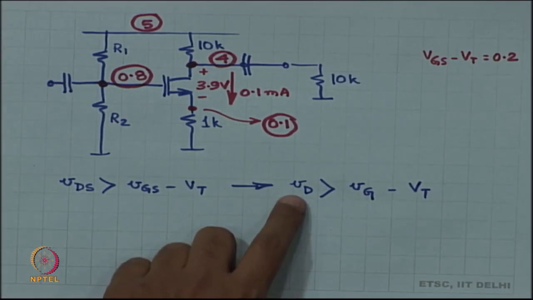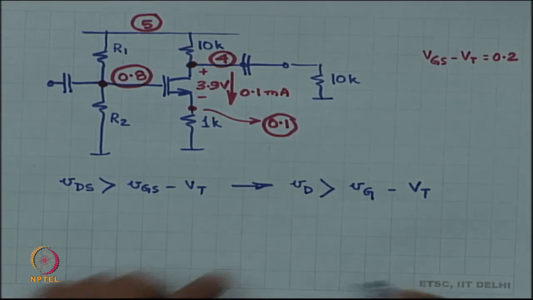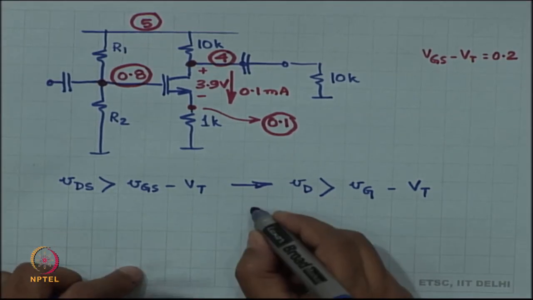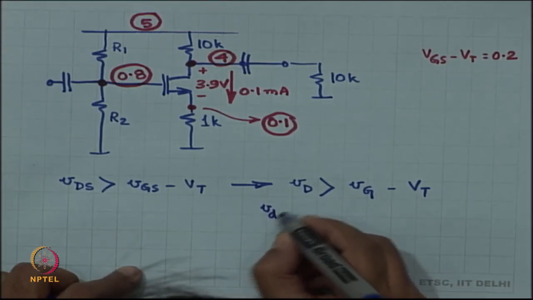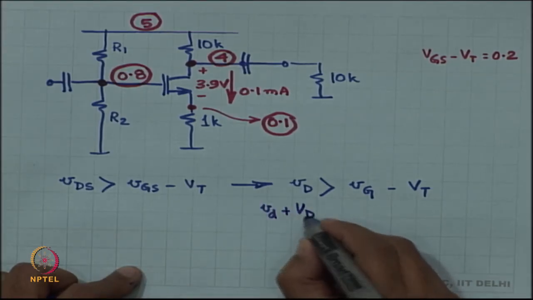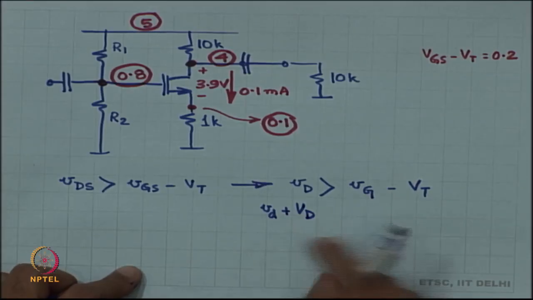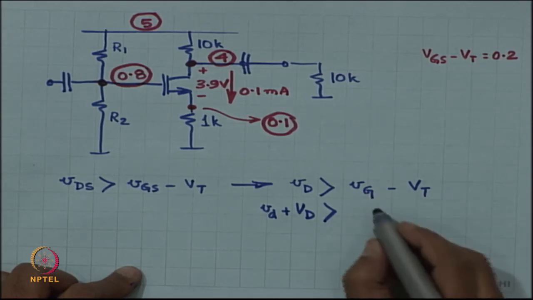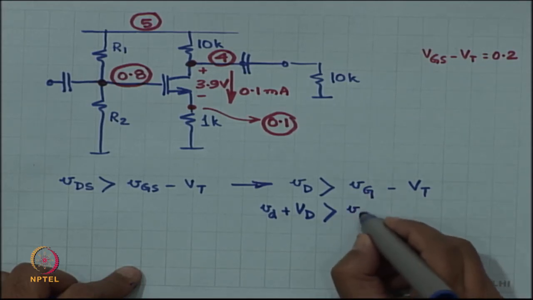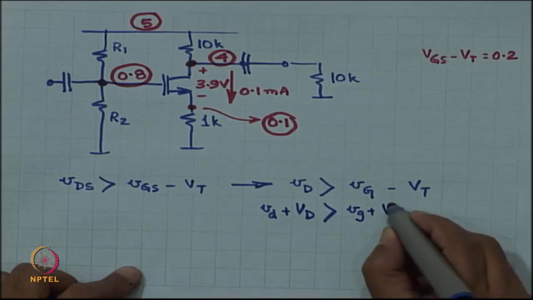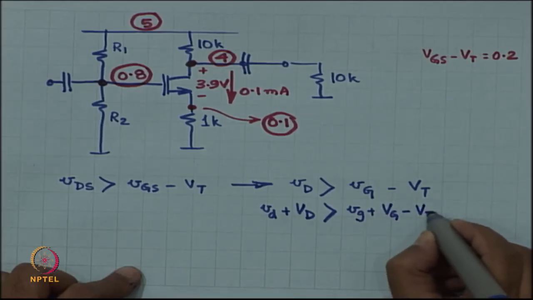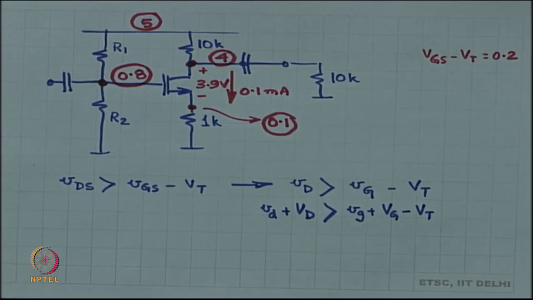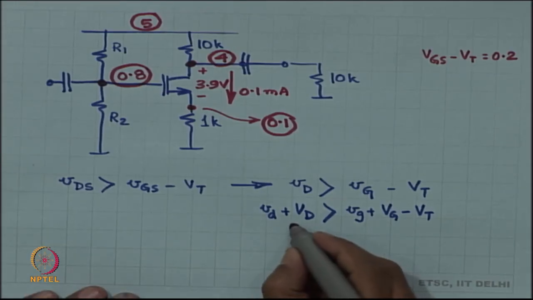Okay. But VD, capital VD plus small vd, capital VD is 4, and VG is capital VG plus small vg. Fine. So far so good. How much is VD? This is 4.